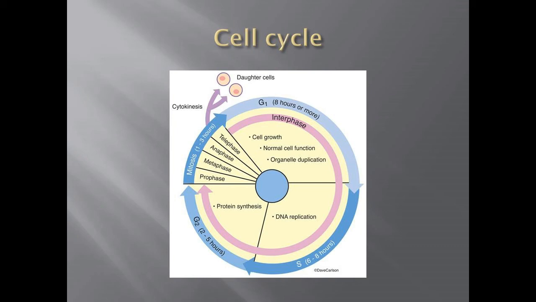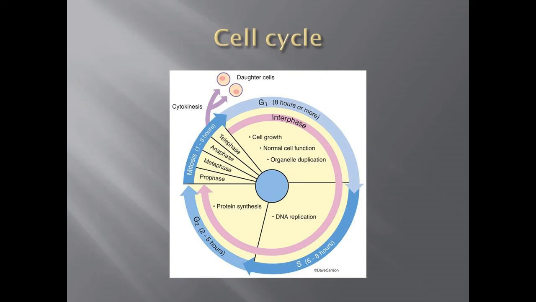The second requirement is the synthesis and accumulation of protein, which is also important for the cell to grow in size. And the third very important requirement is the production of ATP from nutrients, which is also important for growth to take place in G1 phase.